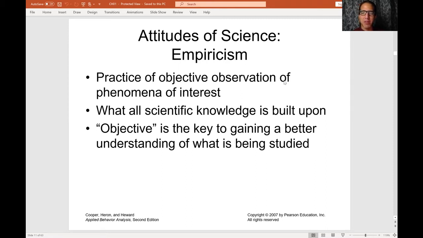The practice of objective observation really is where you want to start. And this is, again, very related to description, where you are looking at how you can identify the variables in an objective way, making sure that you don't have preconceived notions that are affecting the way that you're viewing something.